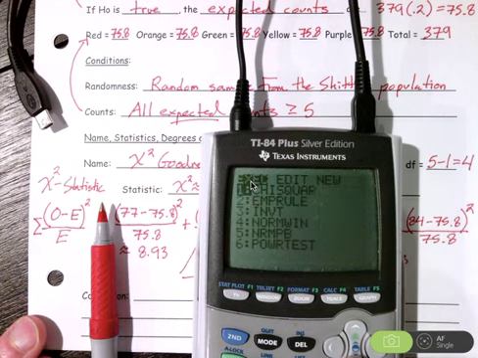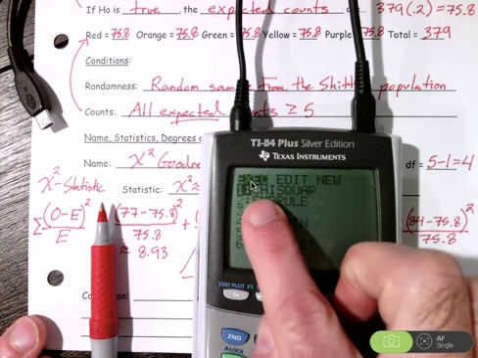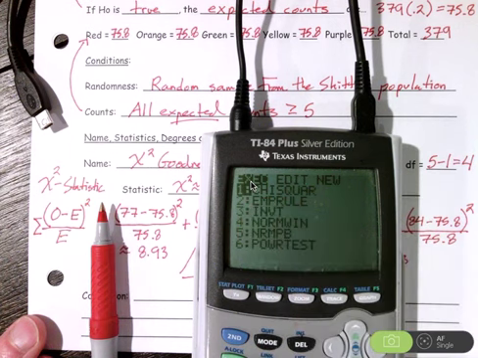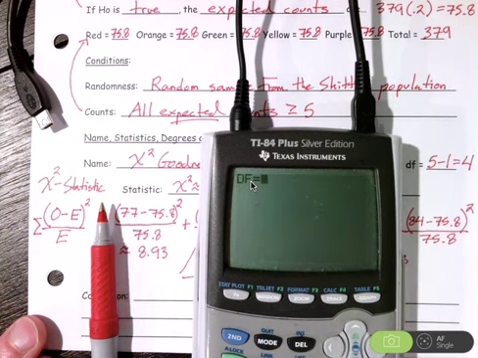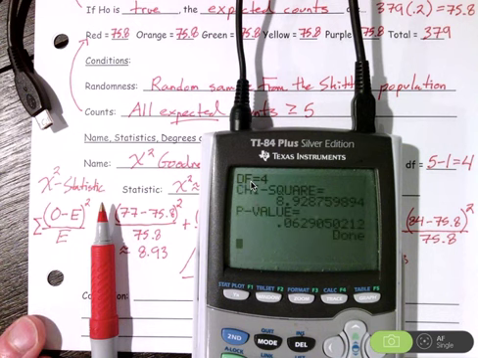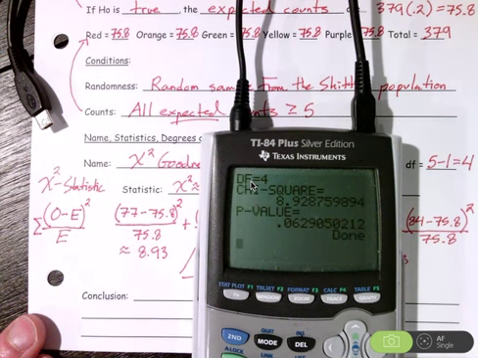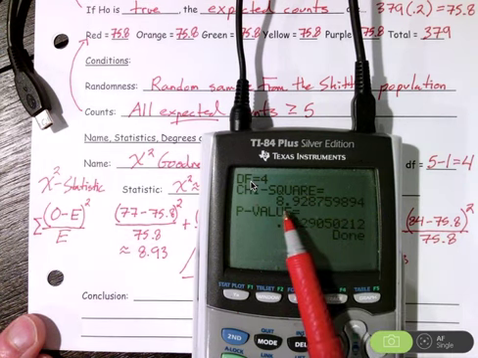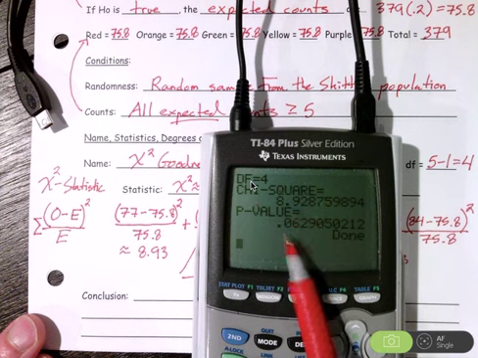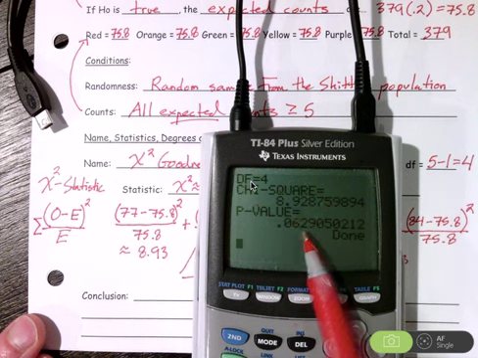If you press the program button, the program you want to run is titled chi-square. Highlight it and press enter twice. It'll ask you for the degrees of freedom first. That's 4. Highlight it and press enter. It assumes that the observed counts are in list 1 and the expected counts are in list 2. It gives you the exact same thing, 8.93, 0.063 for your p-value.